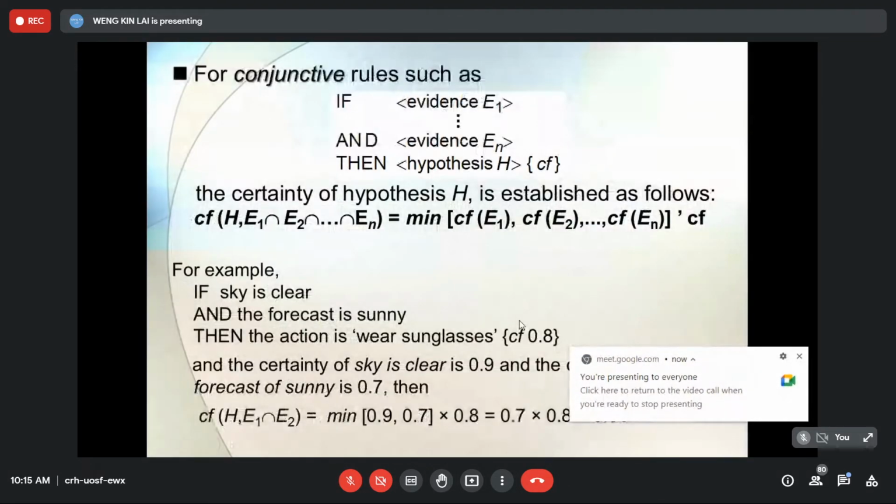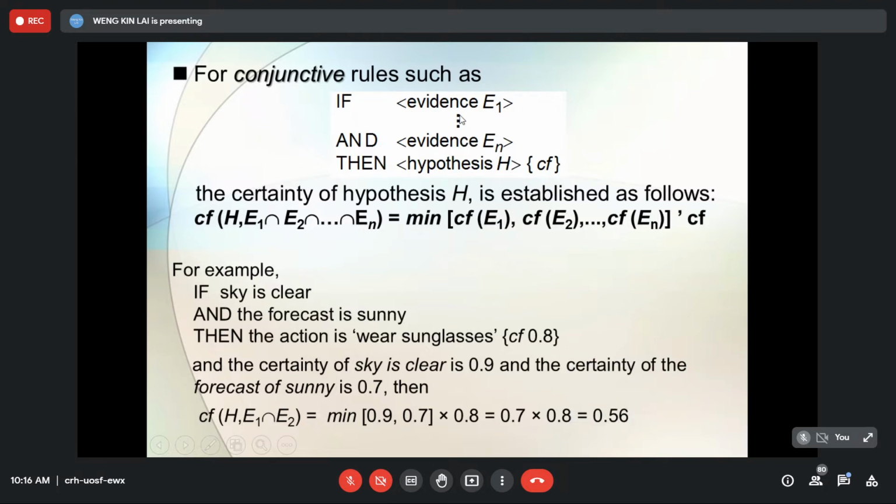Okay. Let's look at the conjunctive rules. The conjunctive rules consist of many evidences, E1 until En. Based on the conditional evidence E1 until En, you have your hypothesis H is true with a certainty factor of CF. So this certainty of the hypothesis H is true is established, meaning calculated, as follows.